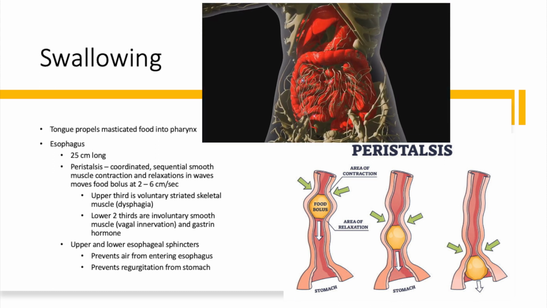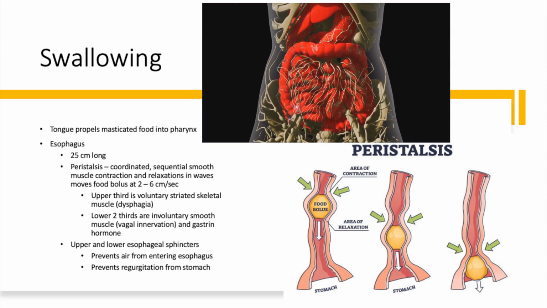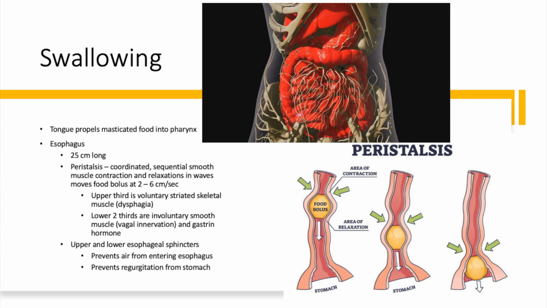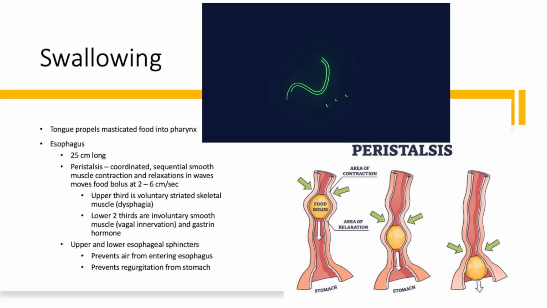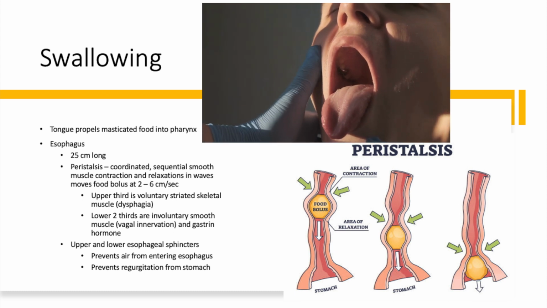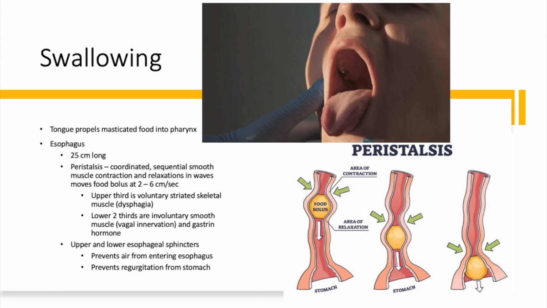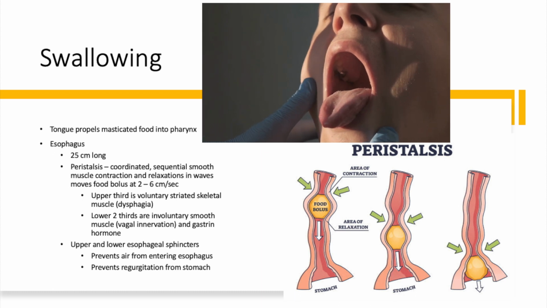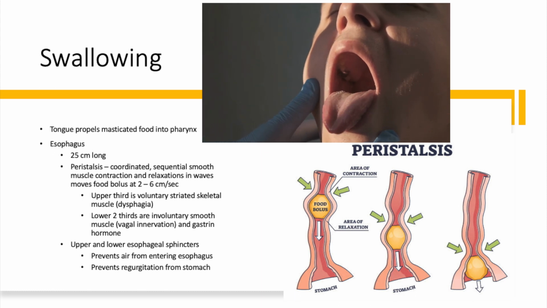As the process of swallowing progresses, the food passes through the UES into the esophagus, where rhythmic muscular contractions, known as peristalsis, guide the food bolus downward. The top third of the esophagus and the oropharynx require conscious effort to function and are common sites for swallowing difficulties or dysphagia.